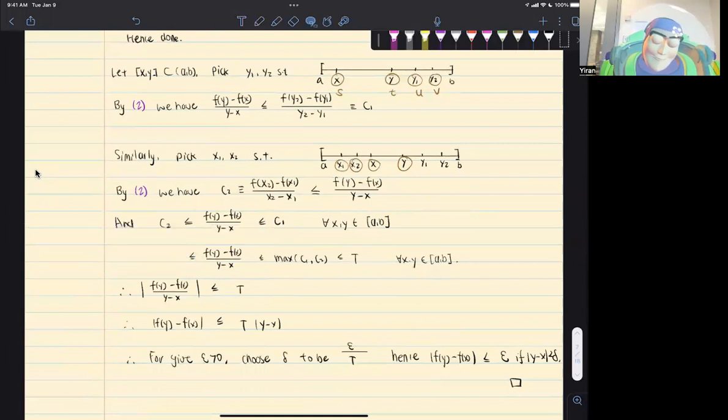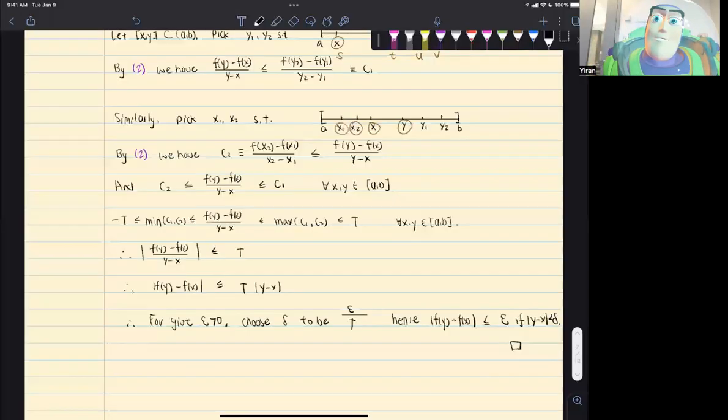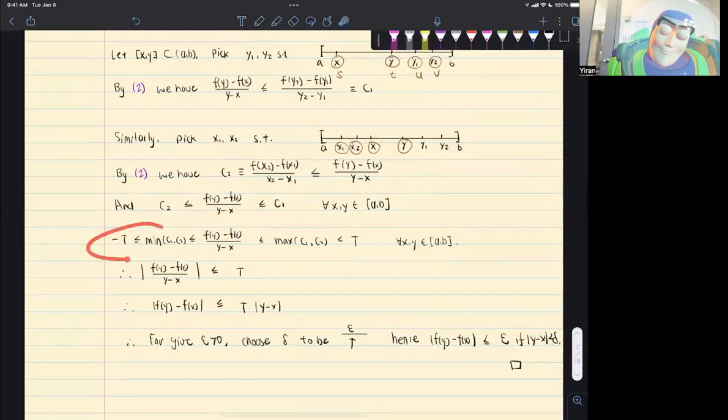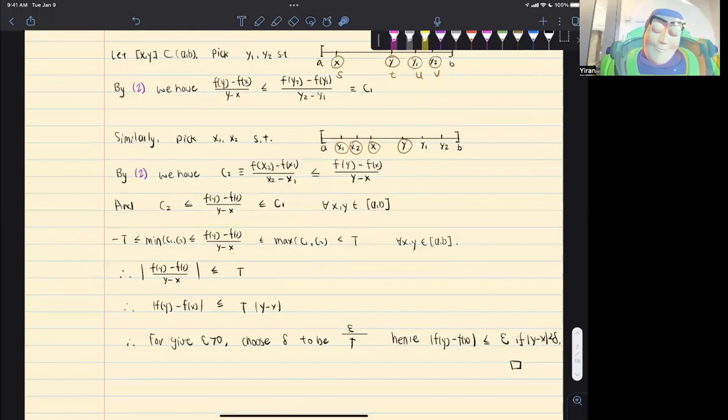I think this is correct. So max. Let me pause a little bit and think more. Sorry, I think what I said is incorrect. Let's just keep this version, because that one is not correct.